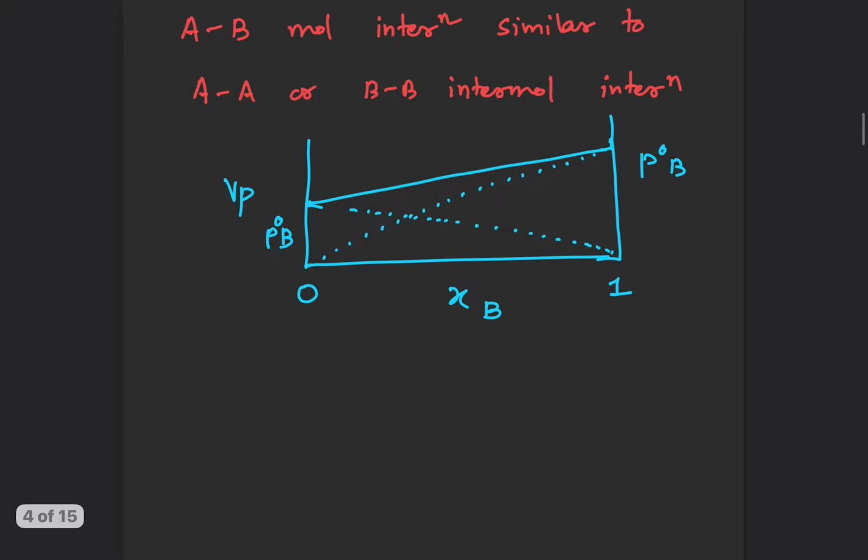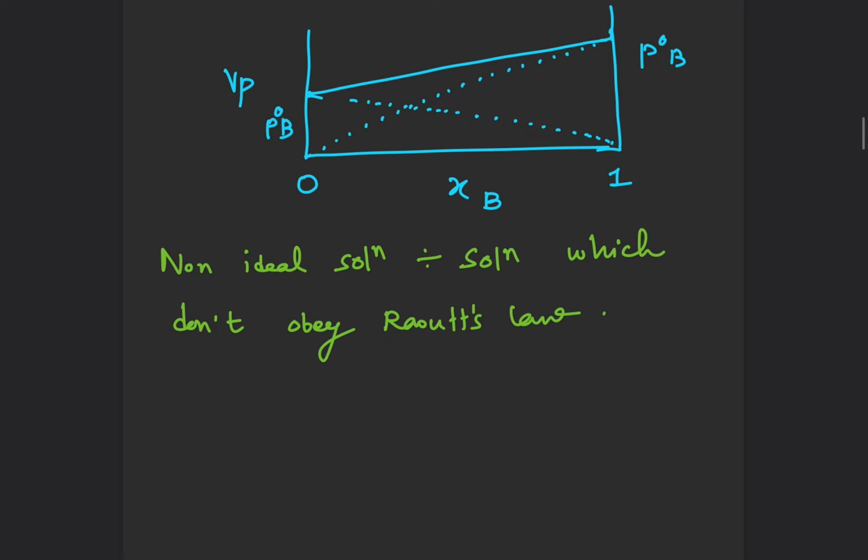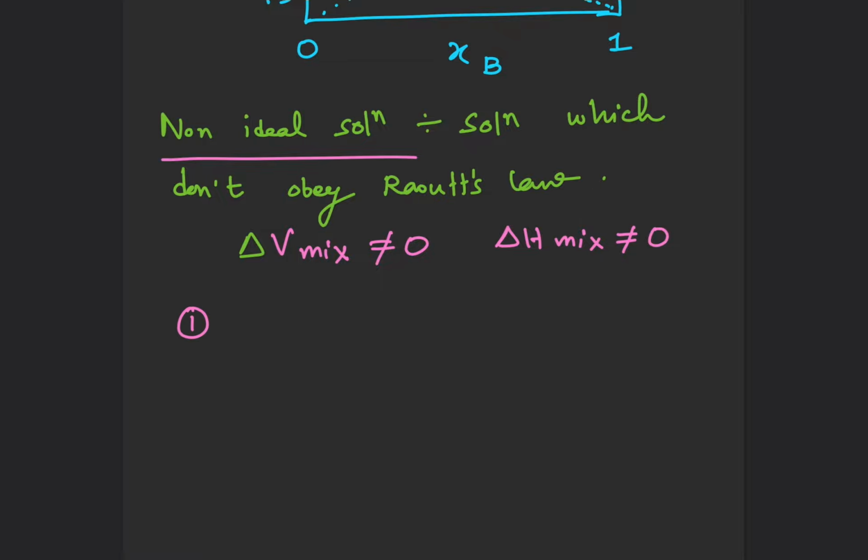So non-ideal solutions don't obey Raoult's law, and for them obviously the macroscopic conditions are delta V mix won't be equal to 0, delta H mix also won't be equal to 0. Okay, so there are two types of non-ideal solution. First one is non-ideal solution showing positive deviation.